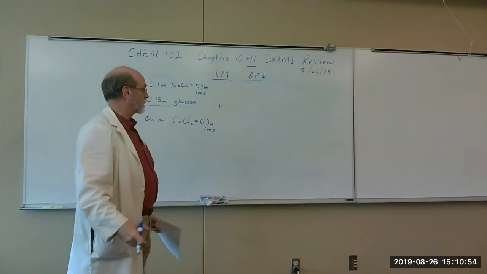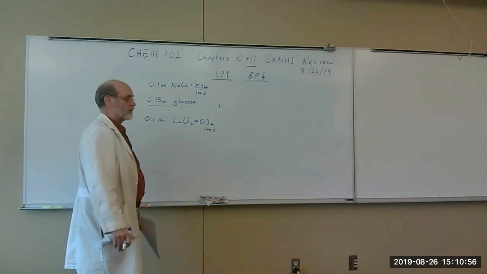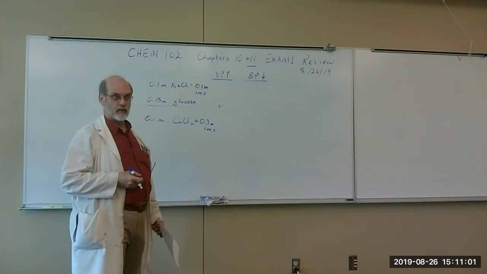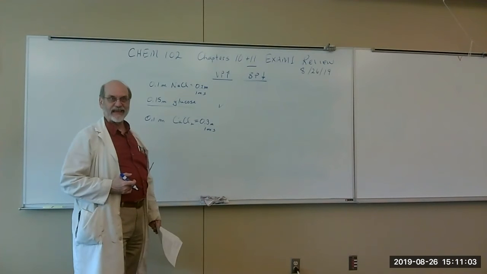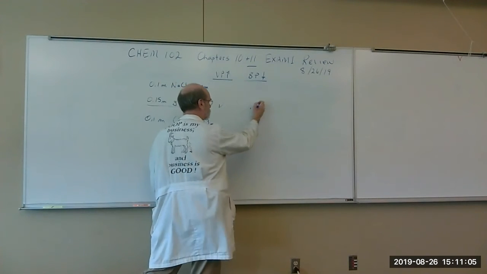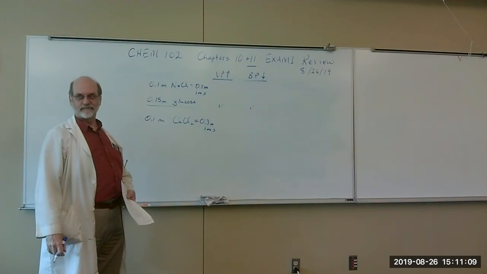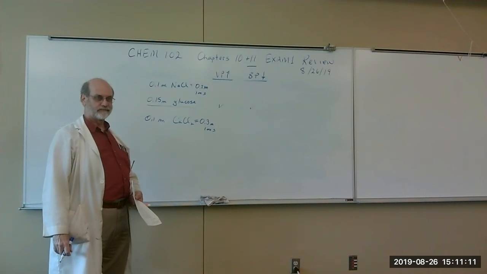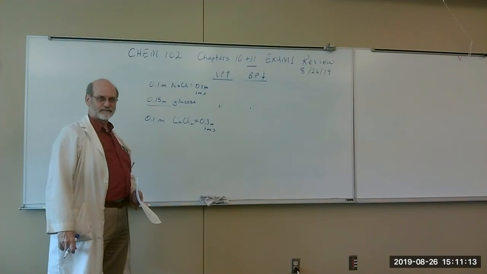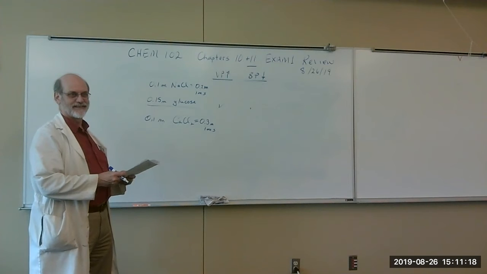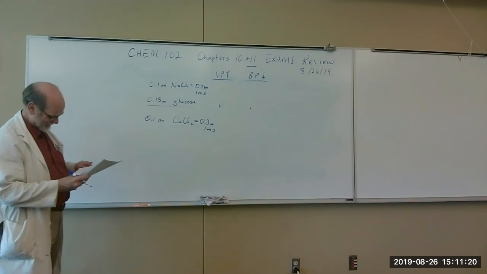So with the boiling point, the higher concentration will give you the highest boiling point. The lowest concentration will give you the lowest boiling point. Glucose again. That is the lowest concentration. Okay? Yes, no, maybe? Good, okay.